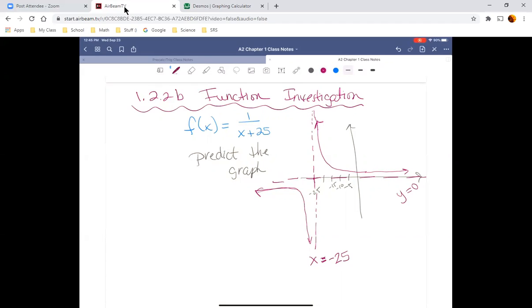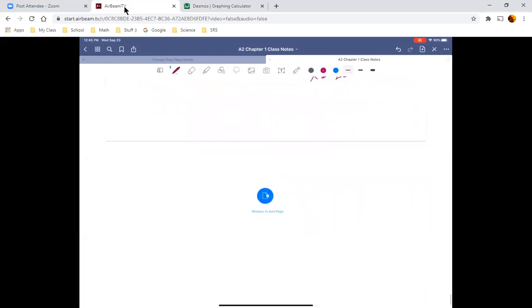Let's see what's on the homework for today. You get to solve some equations for some variables. So for example, you have something like y equals mx plus b. What's that called? Anybody remember? Slope-intercept form.